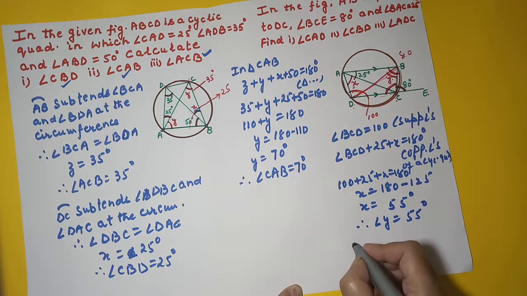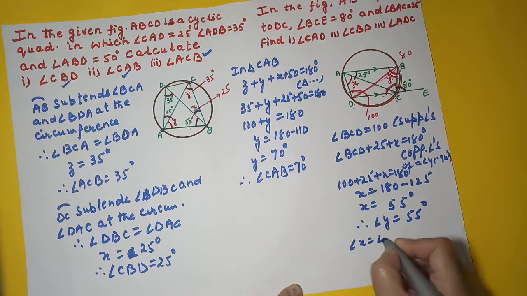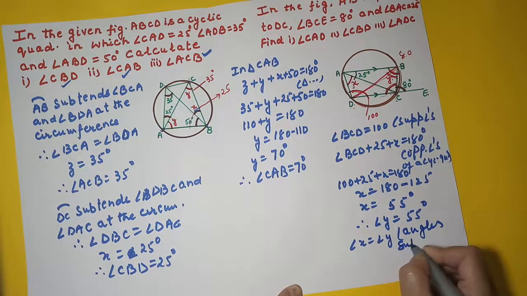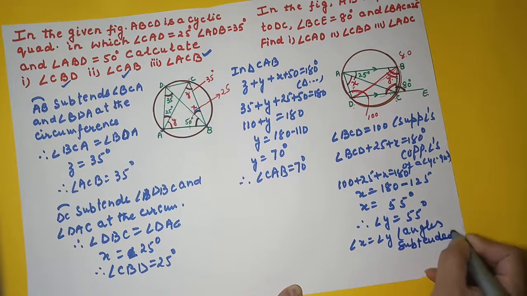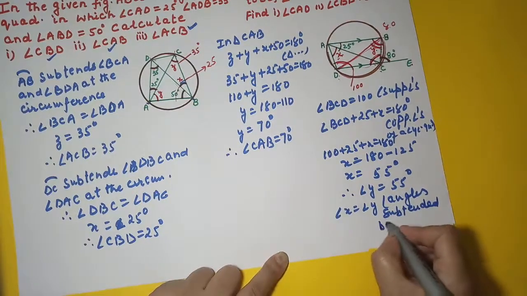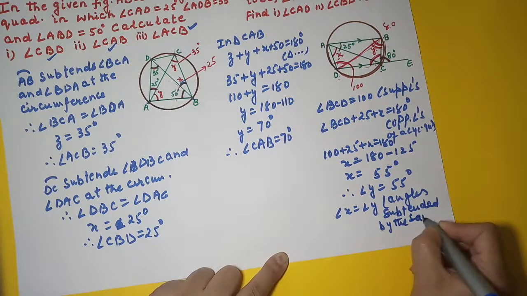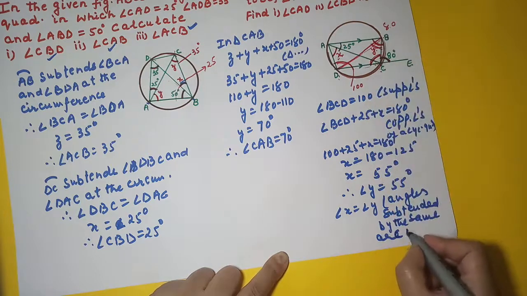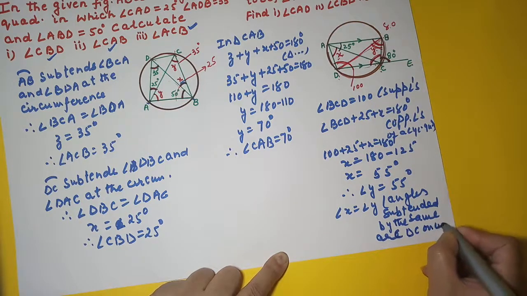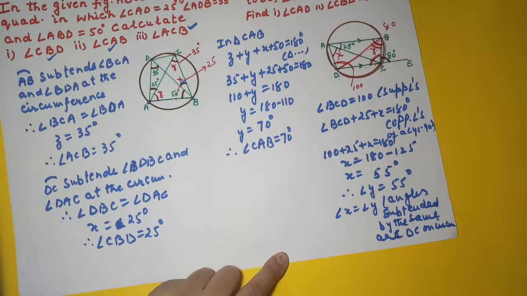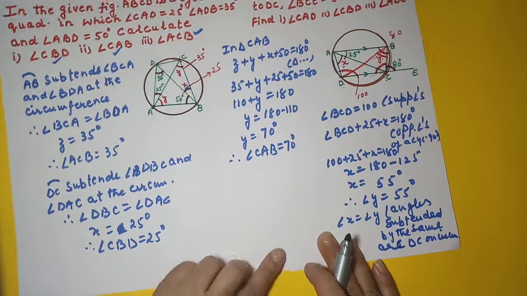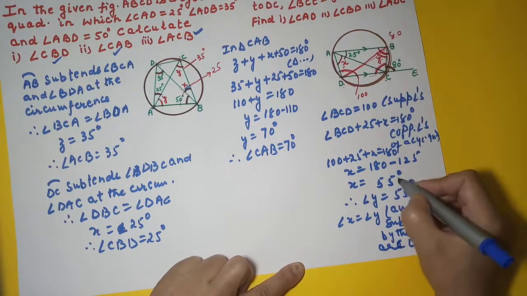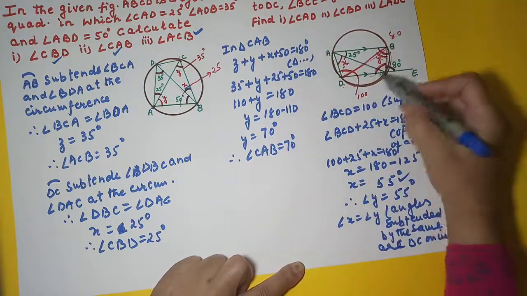Because angle X equals angle Y, angles subtended by the same arc DC on the circumference. Fine. Okay. So we got CAD, which was our X. We got CBD.